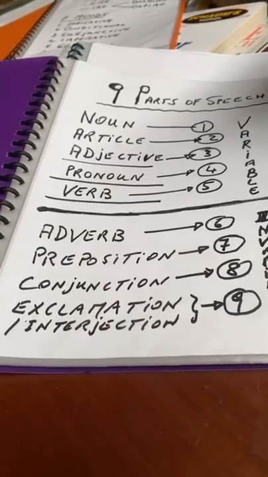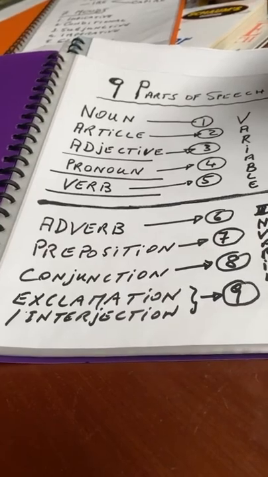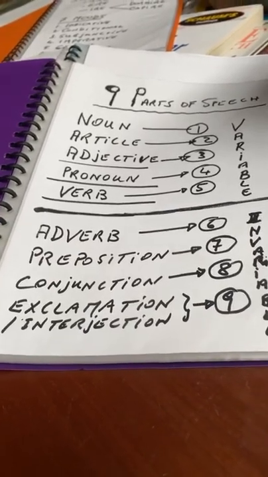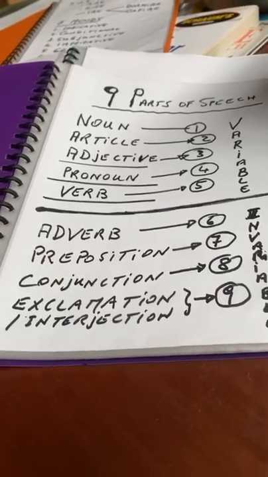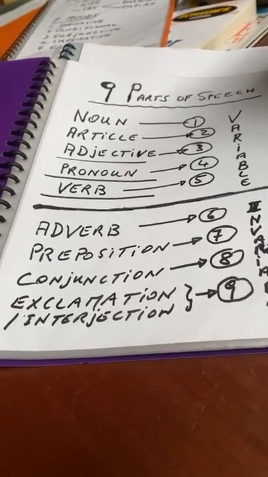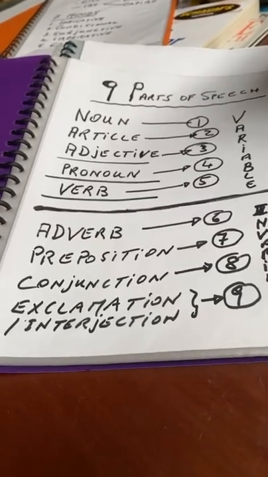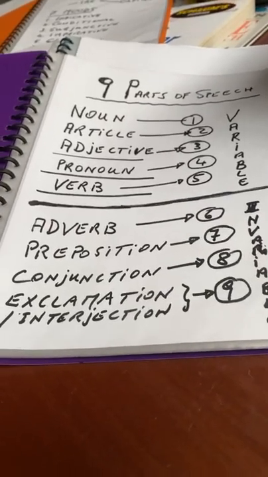So, for example, with the adverb, I walk slowly. That's an adverb. He sings well. Well, that could be an adjective, but in that case, it is actually an adverb.